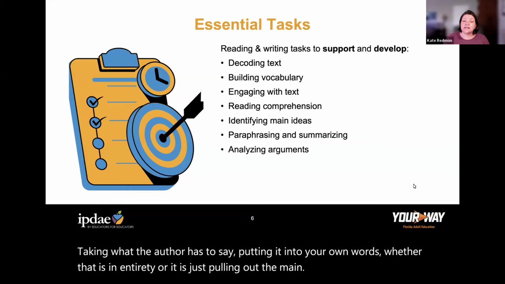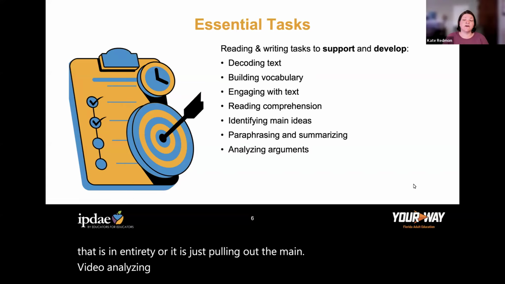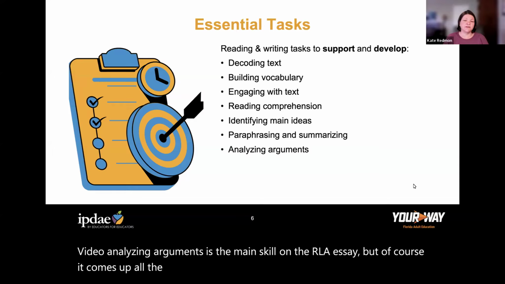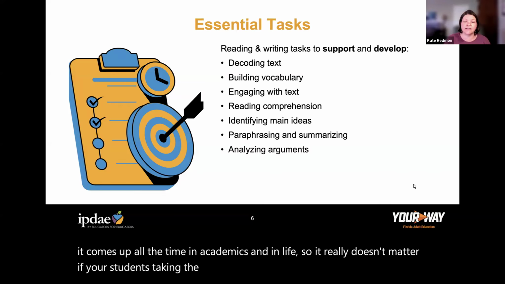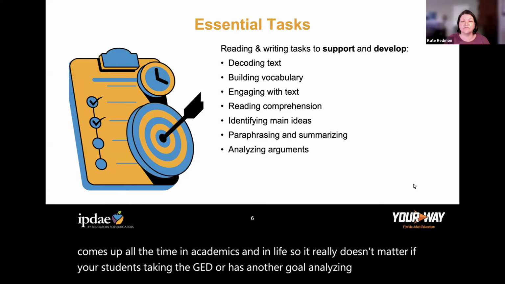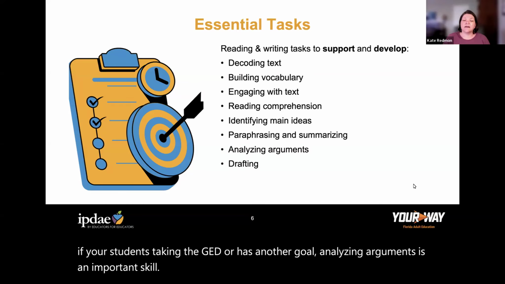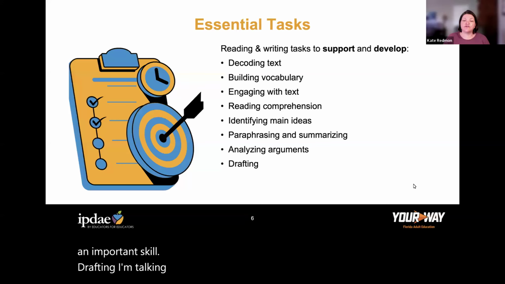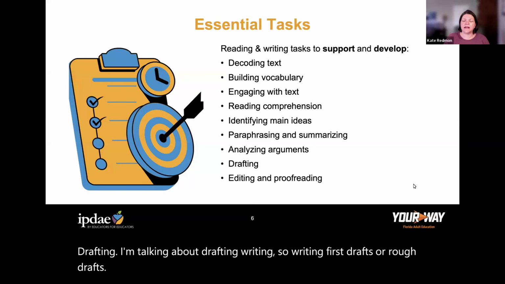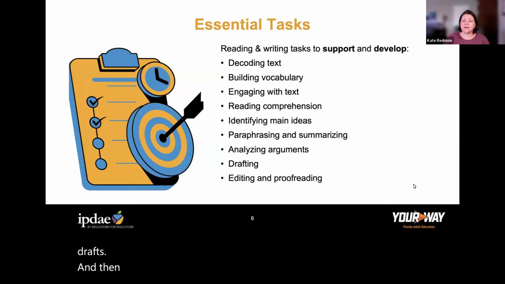Analyzing arguments is the main skill on the RLA essay, but of course it comes up all the time in academics and in life, so it really doesn't matter if your student's taking the GED or has another goal. Analyzing arguments is an important skill. Drafting, I'm talking about drafting writing, so writing first drafts or rough drafts, and then editing and proofreading, that ability to refine our writing until it is ready to be presented.